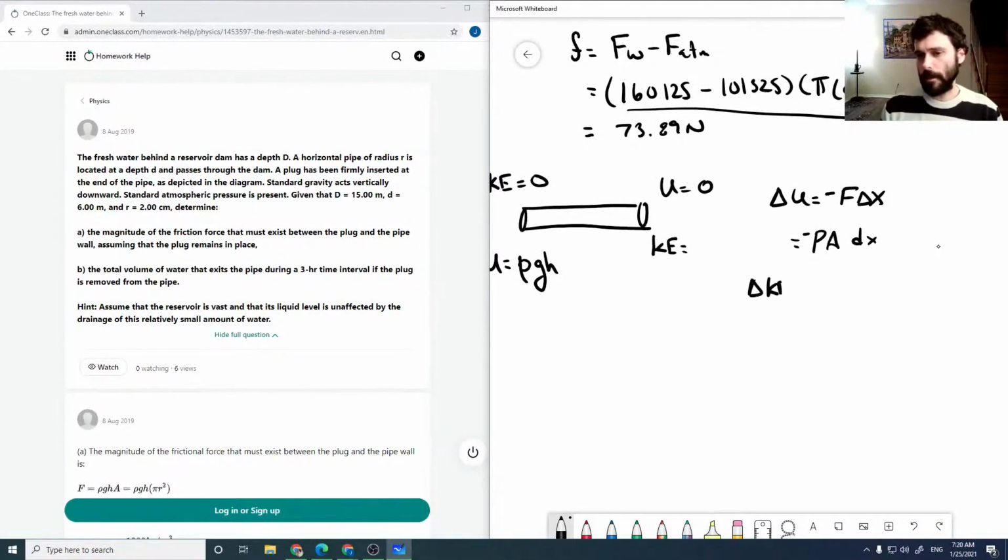So our delta U is minus our pressure times our area times our dx. Our delta KE is equal to our pressure times our area times our dx then.